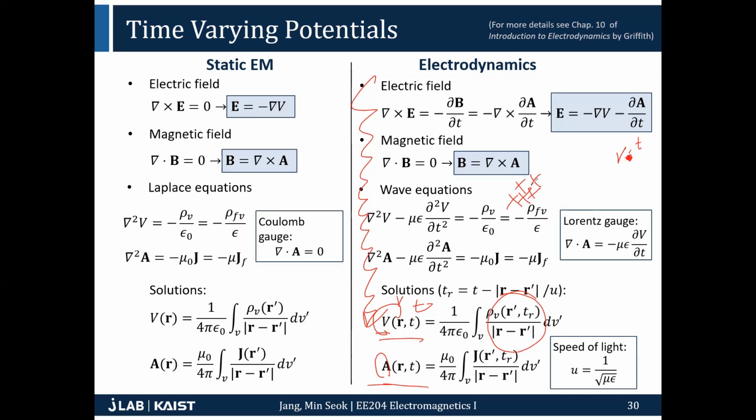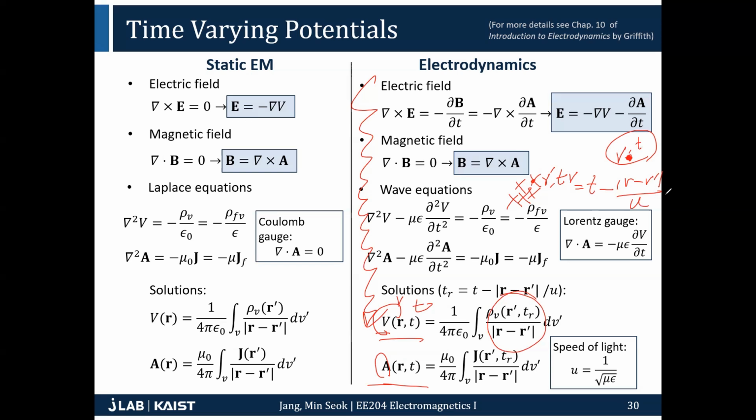And for the source position, we use R prime. Another interesting thing is that what affects the scalar potential and vector potential here is the source at time t_r, not t, and t_r is actually t minus the distance between the source and the point of interest divided by u.